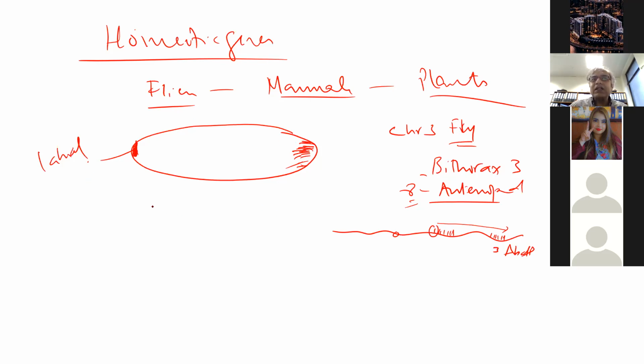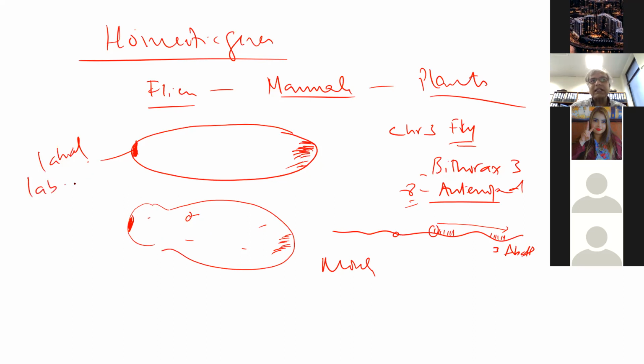And when we look at the expression pattern in a mouse embryo, it is exactly the same. It's not different. In flies, labial, for example, is a single copy gene. This is ABD-B, which is in the bithorax complex.